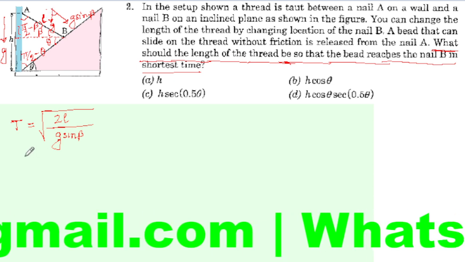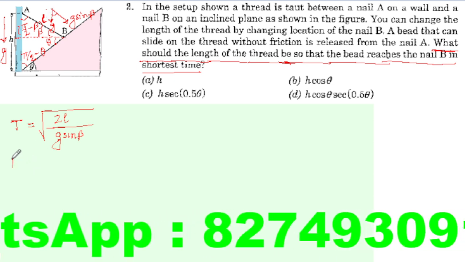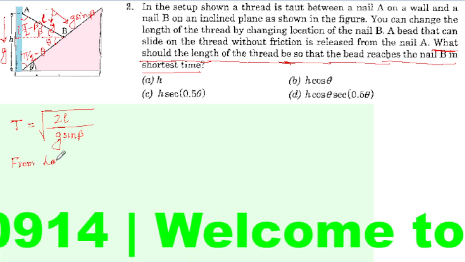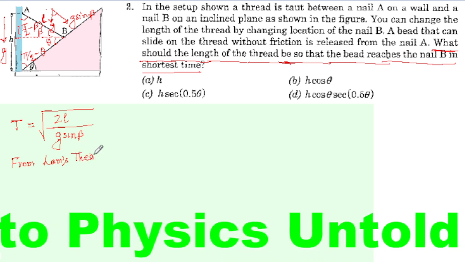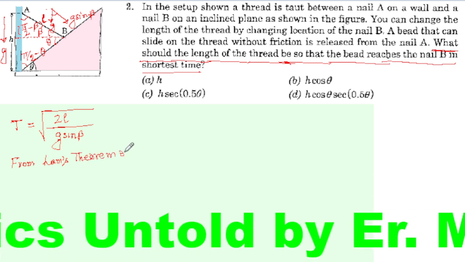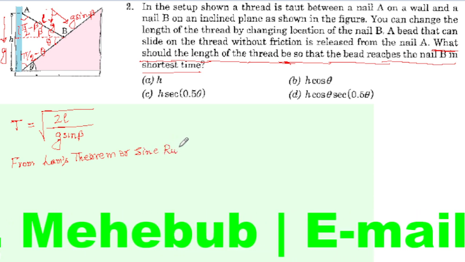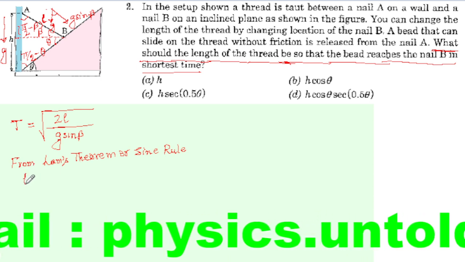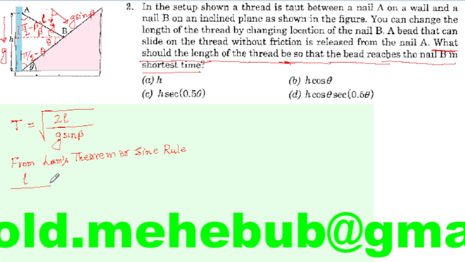We can use Lami's theorem, or the sine rule. From Lami's theorem, we can write the length of the string, which is assumed as L, divided by the sine of its opposite angle.